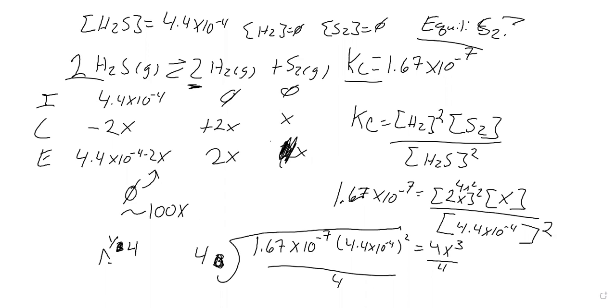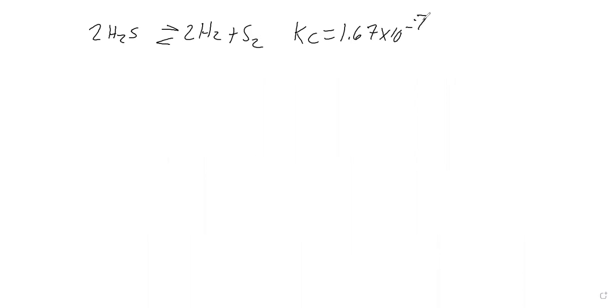All right. Let me go to problem 2, as that one also gave people a lot of issues. So problem 2 says that you are looking at the same problem. You have 2H2S going to 2H2 plus S2. My Kc is 1.67 times 10 to the minus 7.